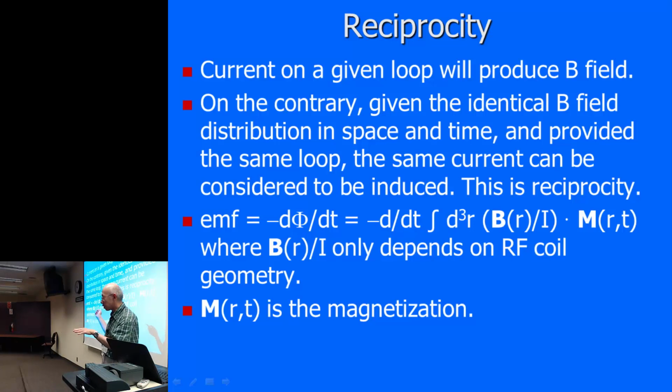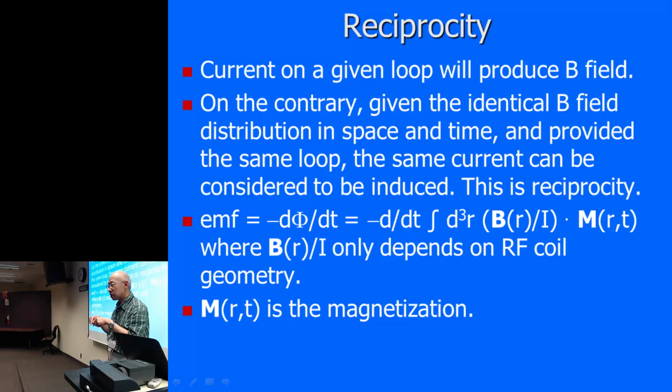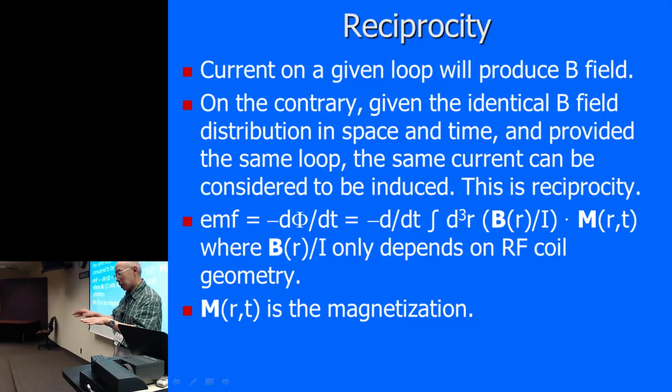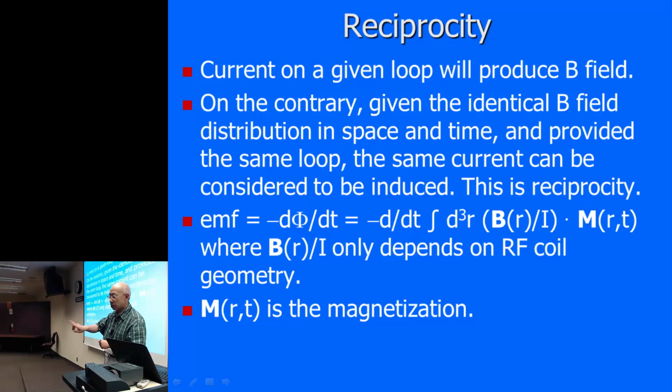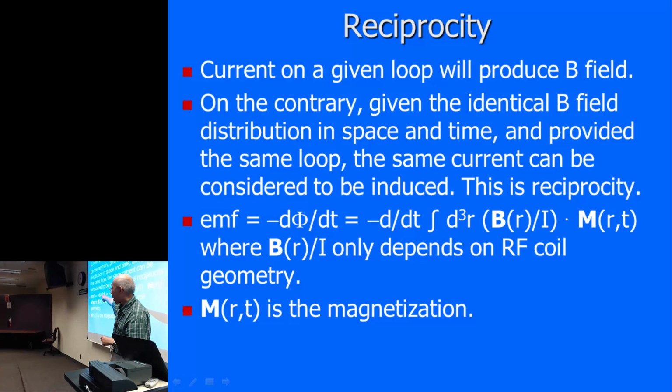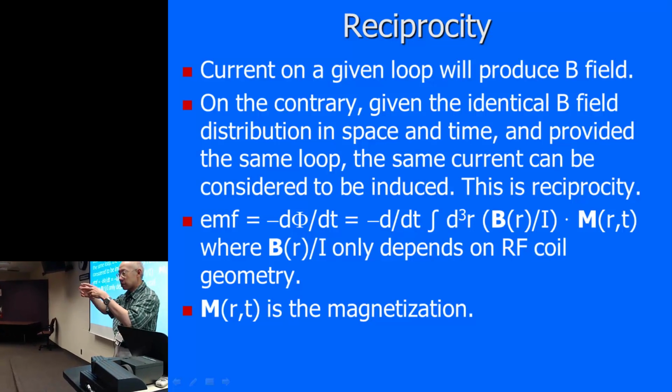Now we have another loop which will pick up the signal due to these precessing spins, because these guys are still precessing on the transverse plane. So now what we will pick up in this coil is the induced voltage. That's what the EMF is about.